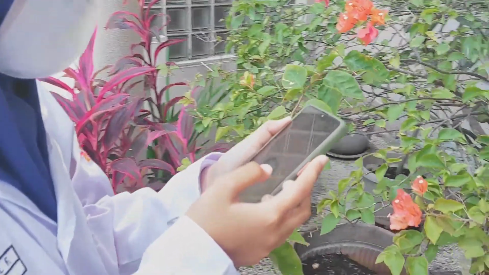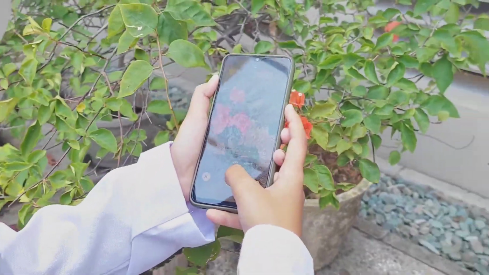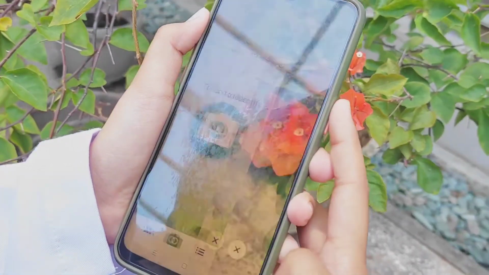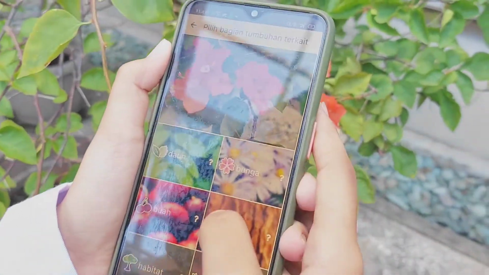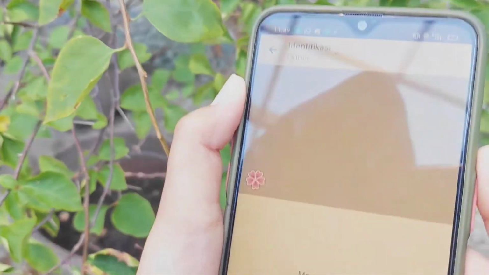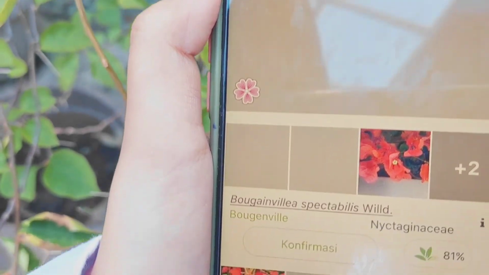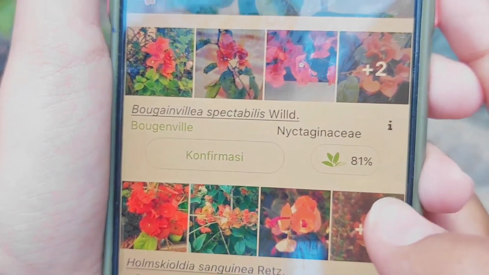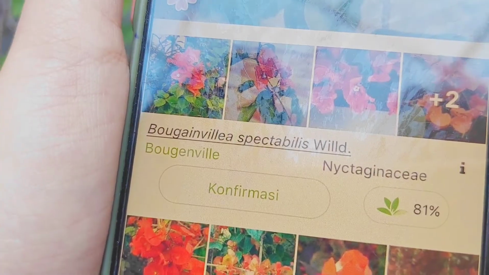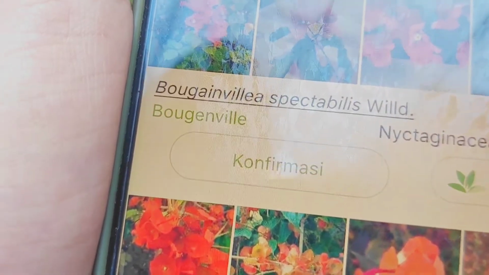Let's take the picture. Okay. Now we can see this plant. The scientific name of this plant is Bougainvillea spectabilis Willd.